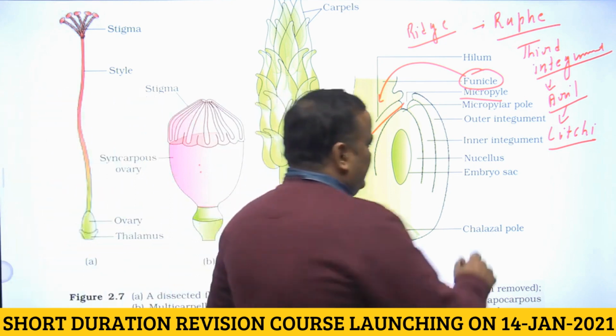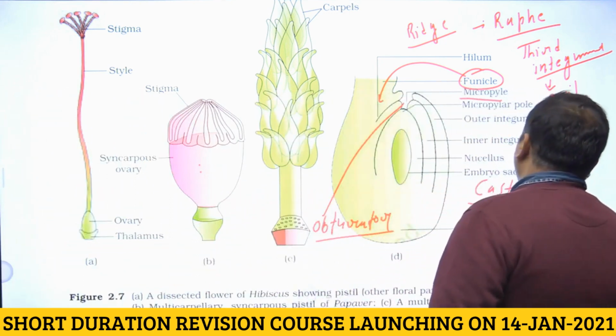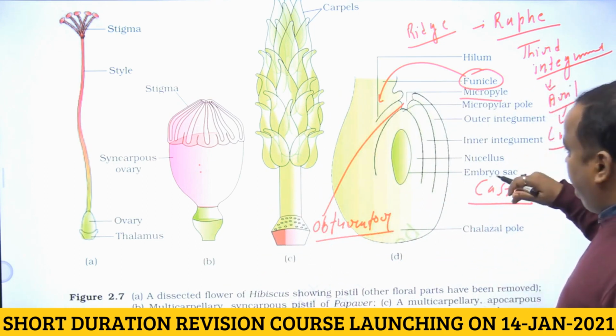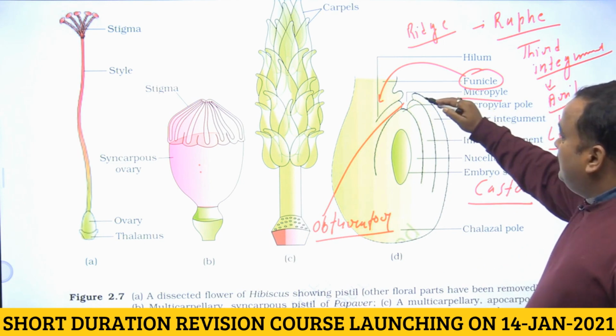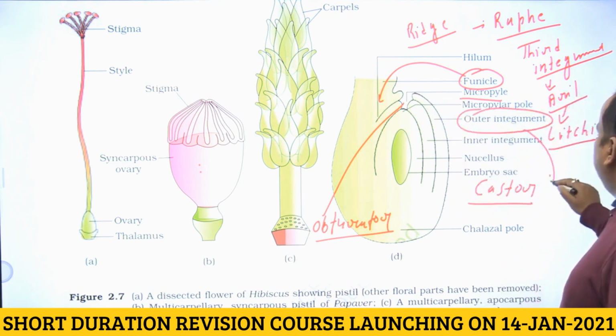Then in case of castor, what you will observe, cells of the outer integument will proliferate.